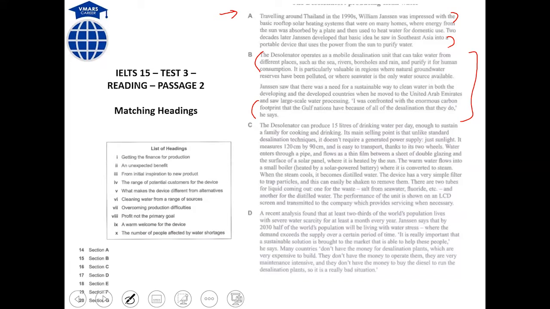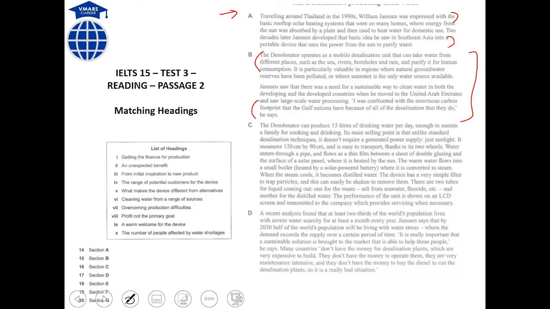So if I have to do B, the desalinator operates as a mobile desalination unit that can take water from different places, such as the sea, rivers, boreholes, rain, and purify it for human consumption. So it is telling from where it takes the water and then what it does: it purifies it for human consumption.